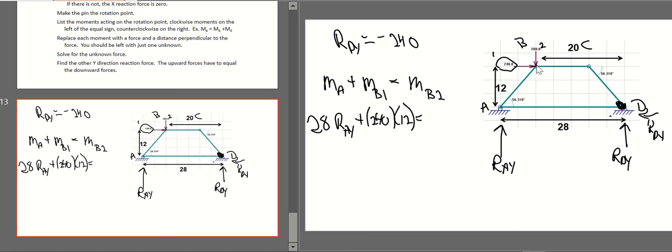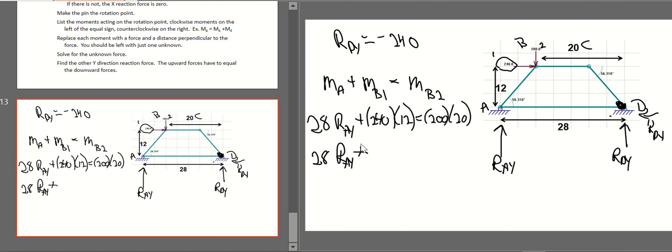And that's going to equal my counterclockwise, which is 200, and my perpendicular distance, that's going to be this one, 20. This is a good example of, even though it's at the same point, perpendicular distance here is going this way, 12. Perpendicular distance here is going that way, so it's 20. Okay, we'll multiply it out for you, and then I'll finish it.